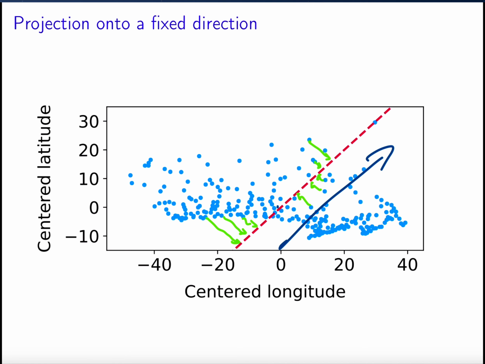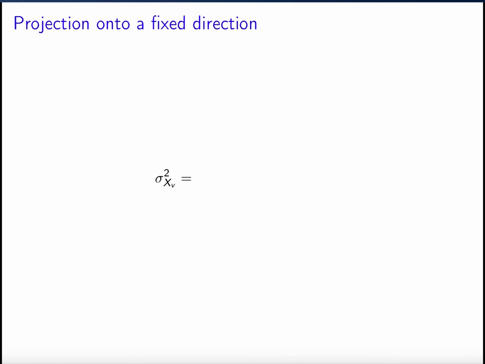If the origin is here, I'll use a more prominent color. This is the v that we have considered, but we could consider any other possible v. And for any possible v, you're going to get a different sample variance. This is what this function gives you.